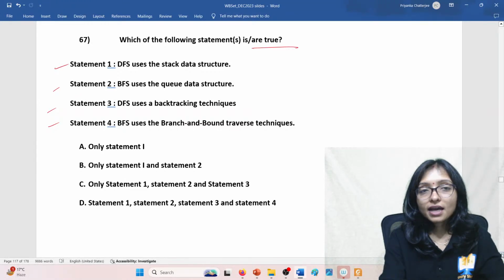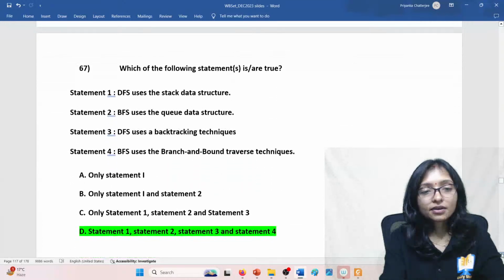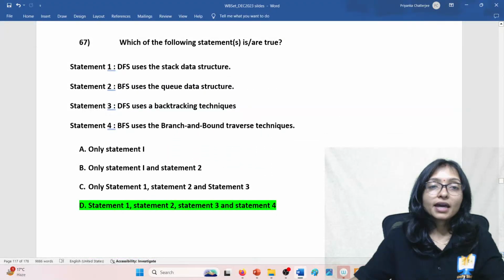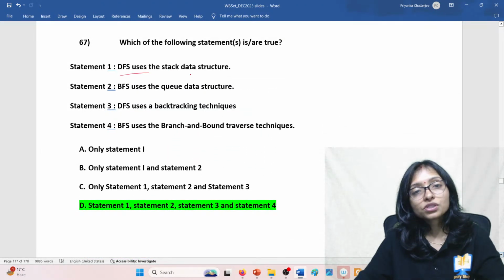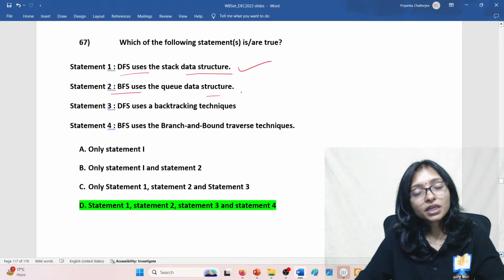Yes, answers are coming. BFS, DFS, very, very important. BFS and DFS, these questions. Here, DFS uses stack data structure. This is correct. BFS uses queue data structure.